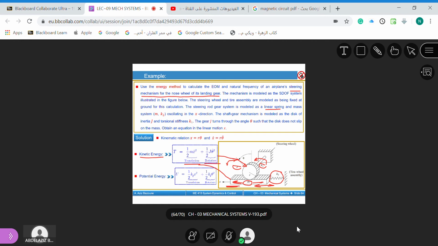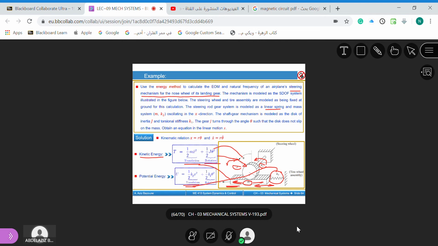So the kinetic energy will be half m x dot squared for translation plus half J theta dot squared for rotation. The potential energy: there will be a potential energy of the spring K2 that is due to translation, half K2 x squared, plus the potential energy of the shaft K1, which is half K1 theta squared.